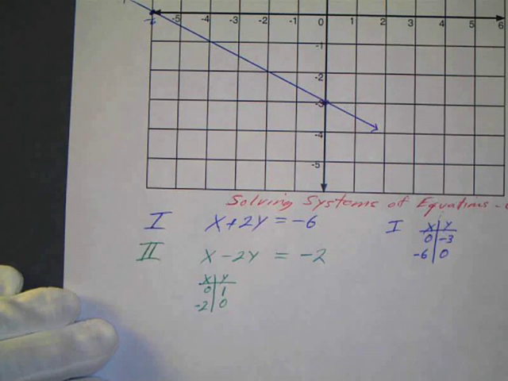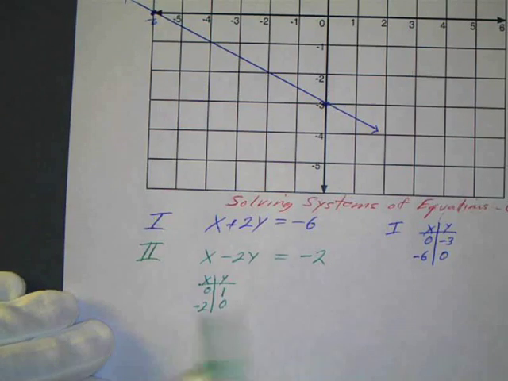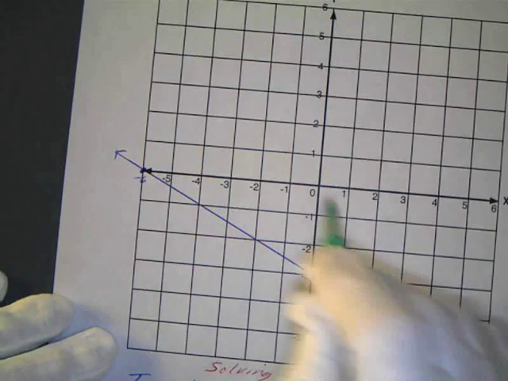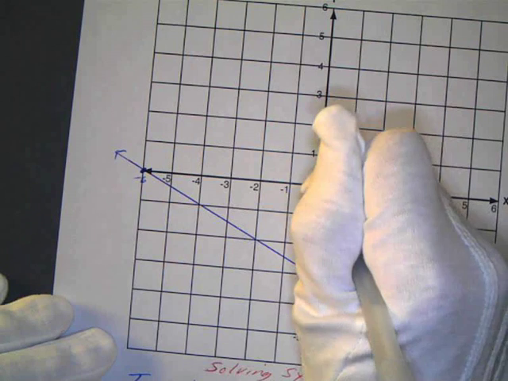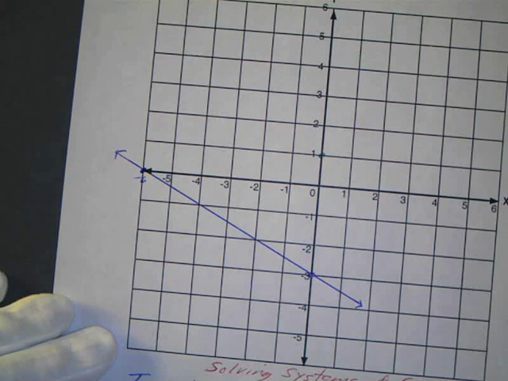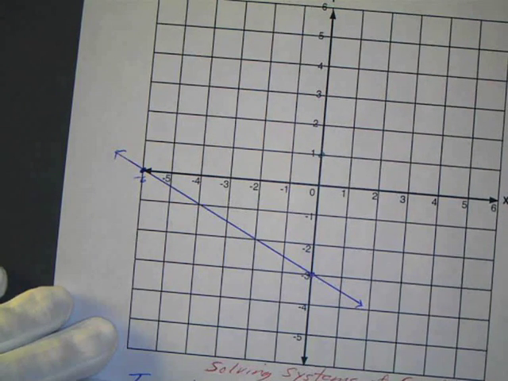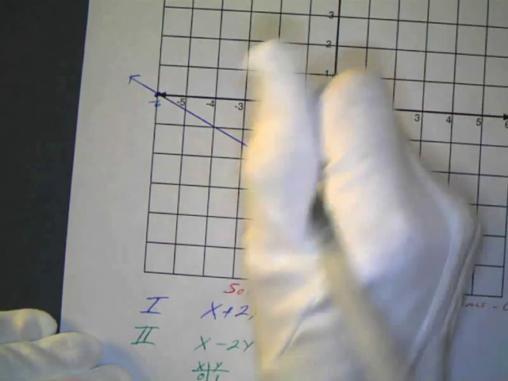So now I just graph those 2 points. I've got 0, 1, so when x is 0, y is 1. You can see that. And then when x is negative 2, y is 0, so negative 2, 0.